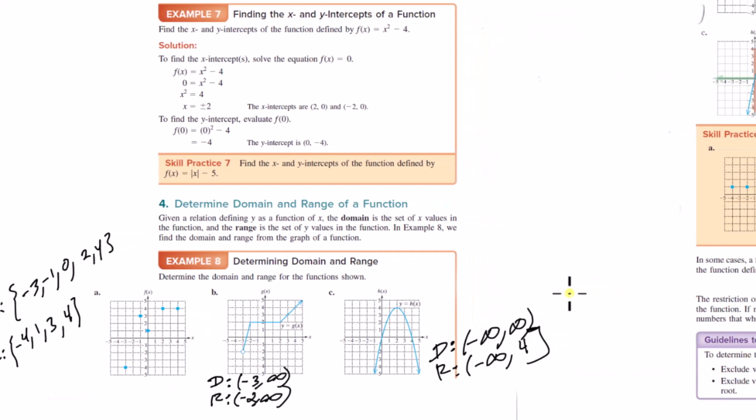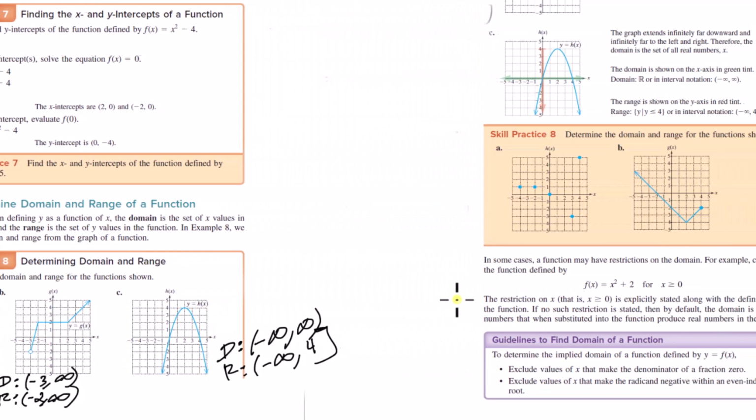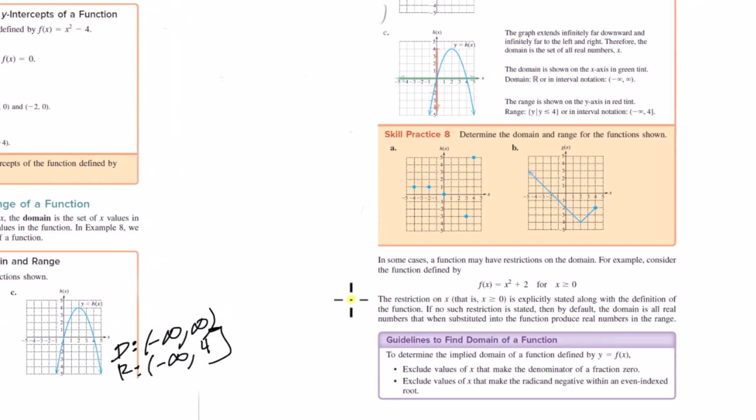Okay, now there can be restrictions on the domain of a relation. In particular, we're thinking about relations in the form of an equation, but I guess you could think about restrictions on even just a list of points as well, potentially. You kind of decide this based on the circumstances.